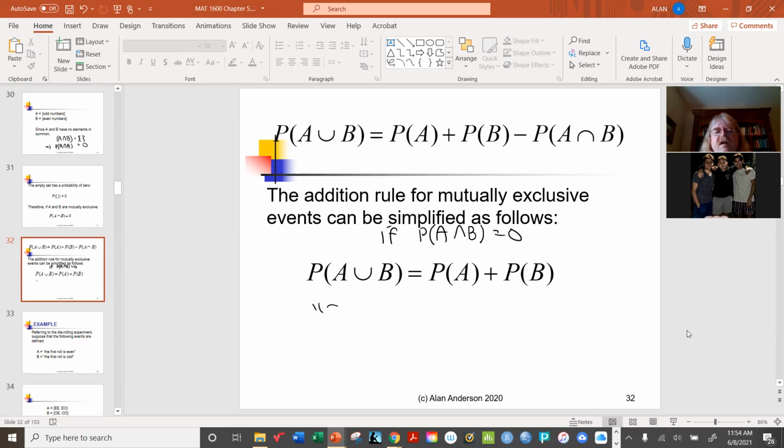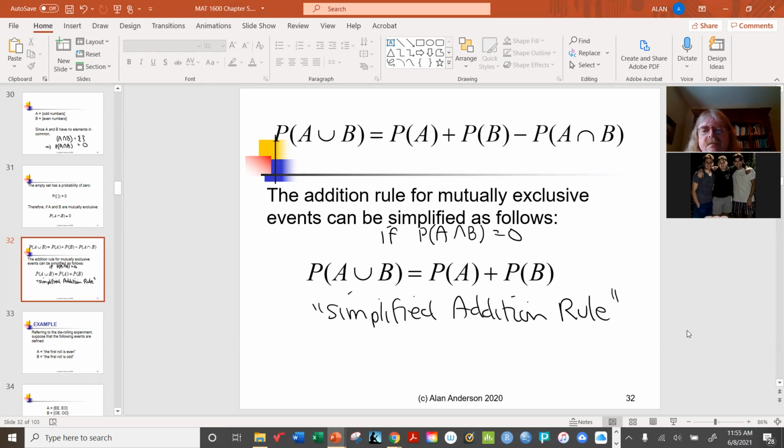This is called the simplified addition rule. And so in this special case that the two events, A and B, are mutually exclusive, we can use the simpler version, the so-called simplified addition rule. All right. Now, it may not save us that much time, but it's important to know that this is doable.